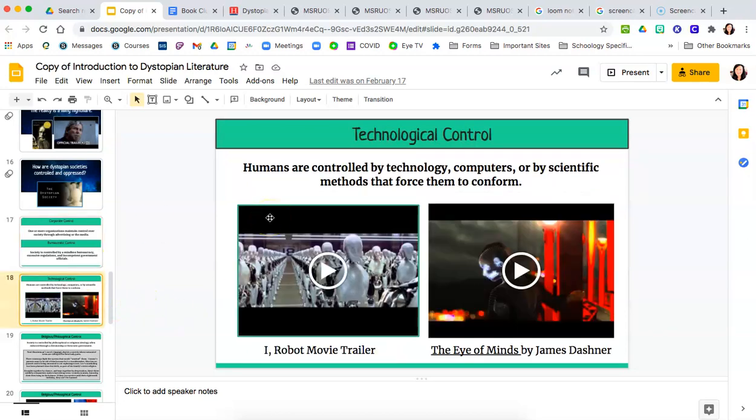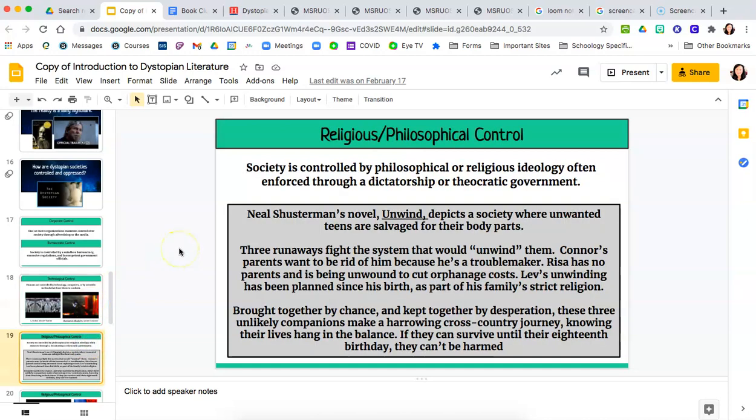There could also be technological control. We talked about this in that technology has become sentient or has the ability to think for itself and has decided usually that humanity is not logical enough and therefore takes over control in some way, shape, or form. And then there's also the idea of religious or philosophical control, where society is controlled by philosophical or religious ideology, and that is enforced through a dictator or just a theocratic government.